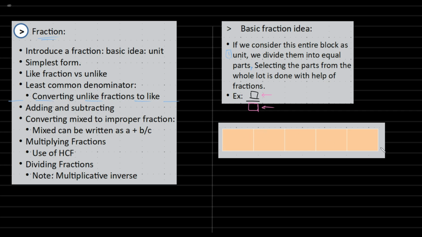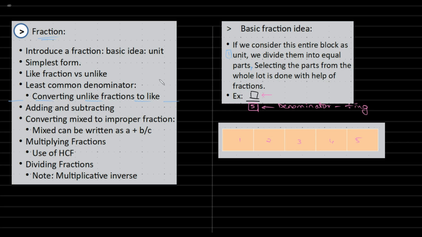Say they divide the plot into smaller parts which people can buy. So this is one entire big plot, and this dealer has divided it into 5 equal parts. To represent that this unit is divided into 5 parts, you write it in the denominator. So this is known as the denominator, and this talks about dividing the unit into equal parts.